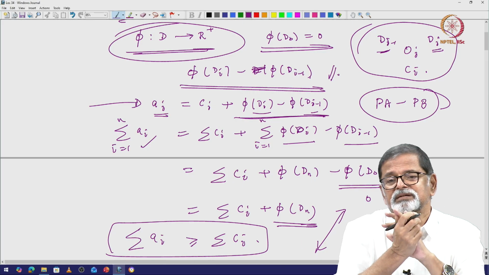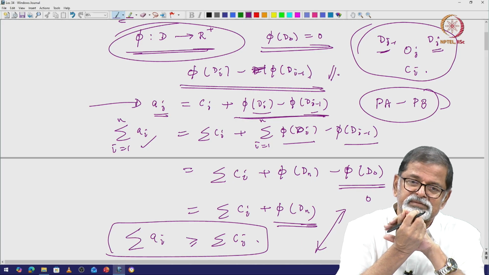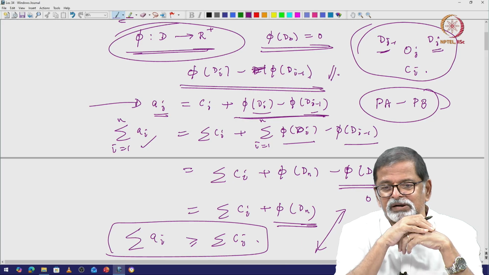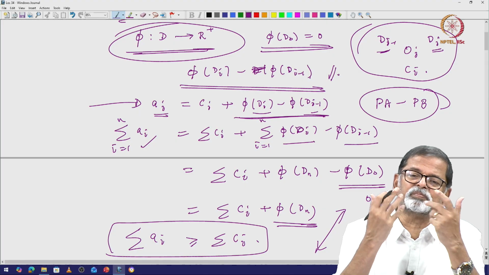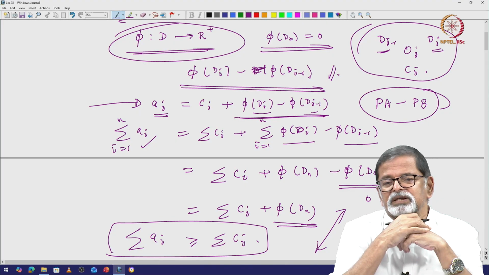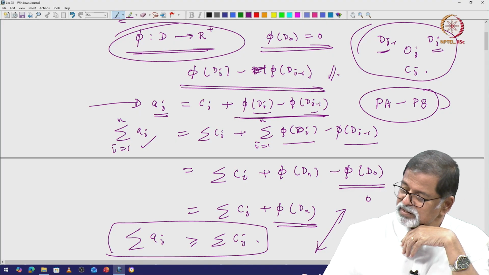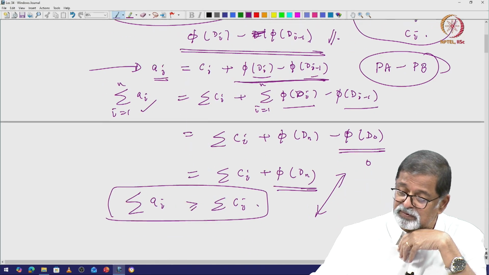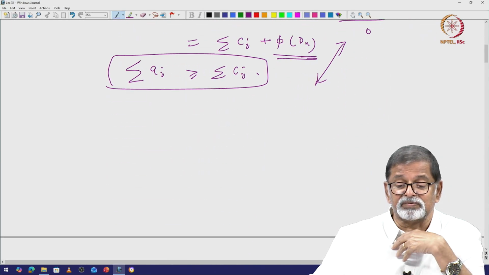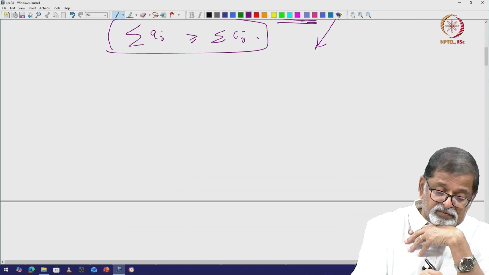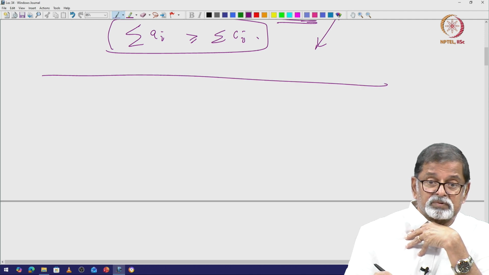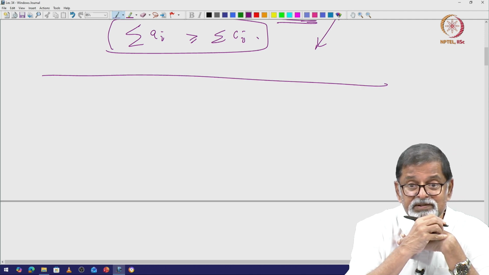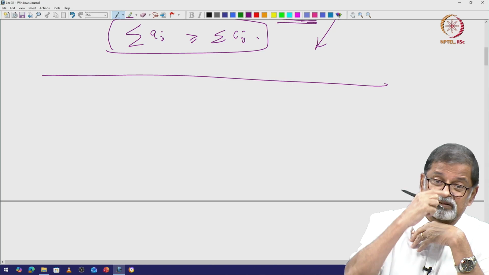But if Ai is complicated and if sigma Ai is also equally difficult to compute, there is no point in that particular potential function. So let us take the same example and define a potential function in this way for our push multi-pop stack example.